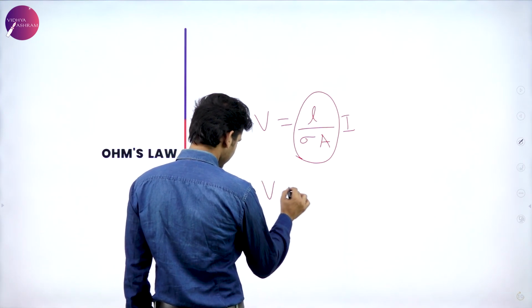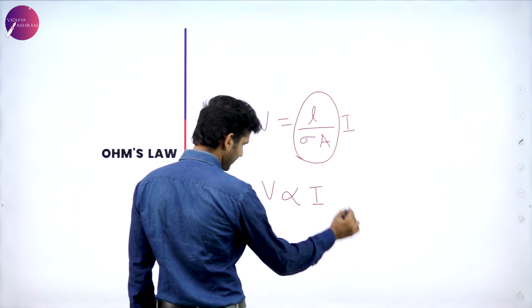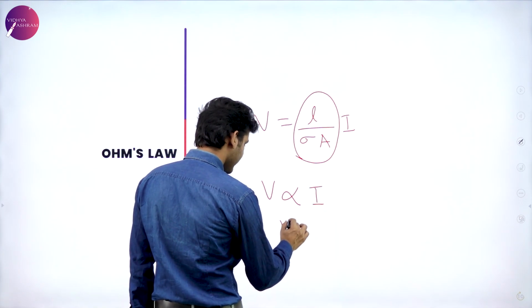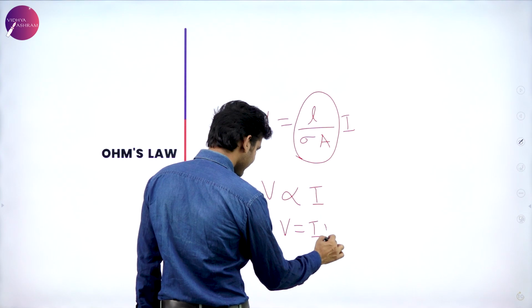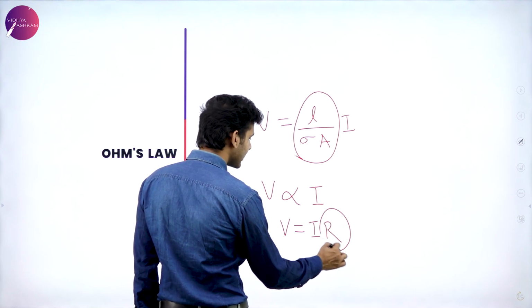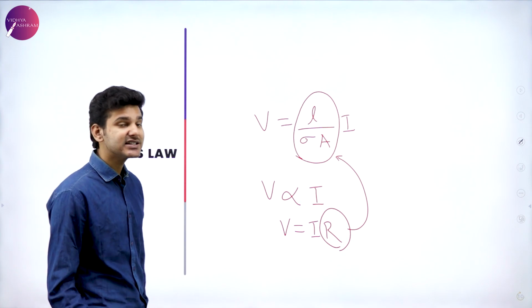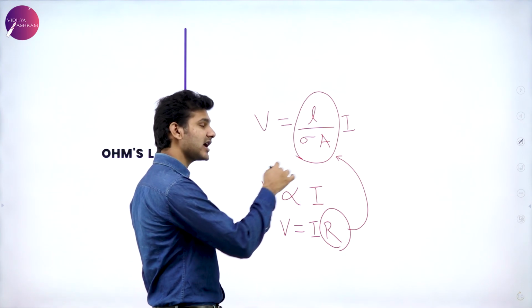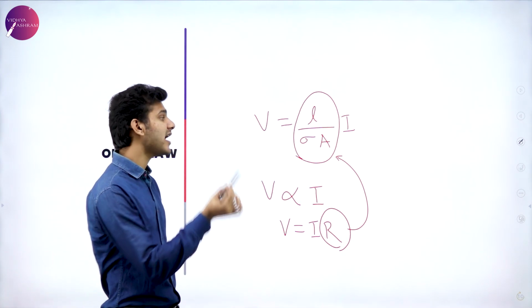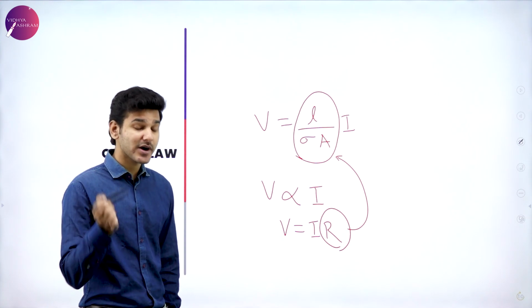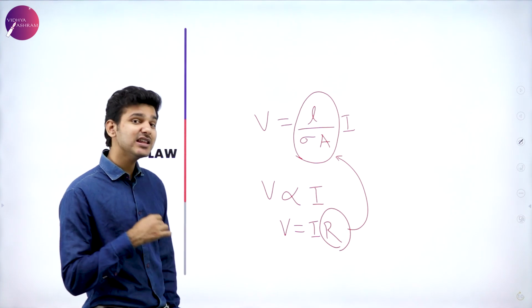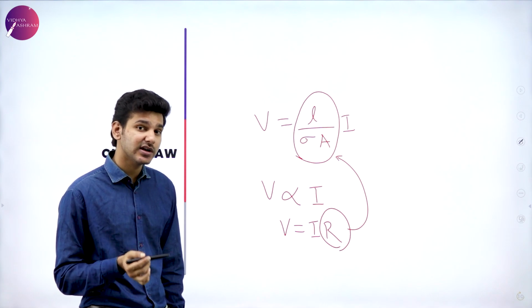So in the equation V directly proportional to I, or V is equal to IR, this particular R is nothing but this particular quantity. That is, resistance depends upon the length, area of cross section of the material and conductivity of the material.